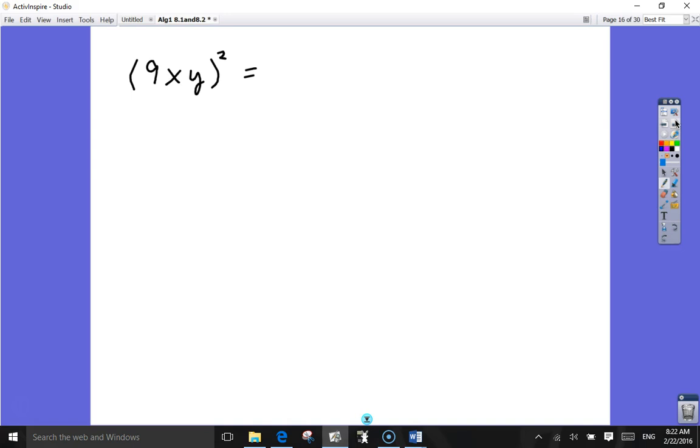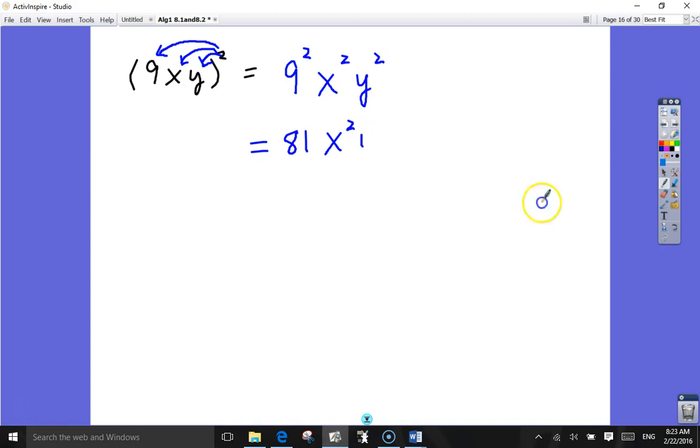How about this one? Again, you have to distribute the 2 to everything inside, so that becomes 9 squared, x squared, y squared. Even though I said we don't simplify this, sometimes when they have something like 9 squared, you're definitely going to see them write it as 81. It's not consistent.